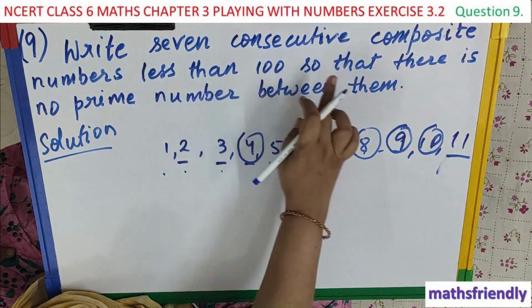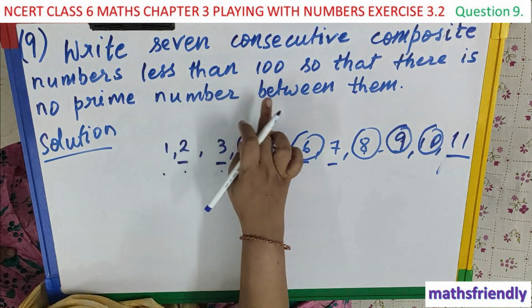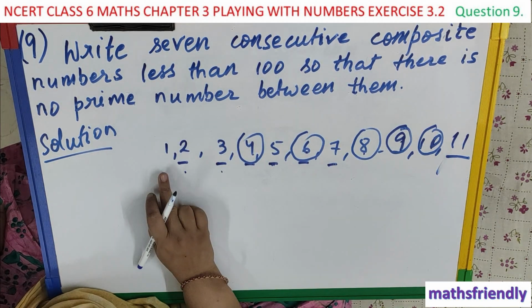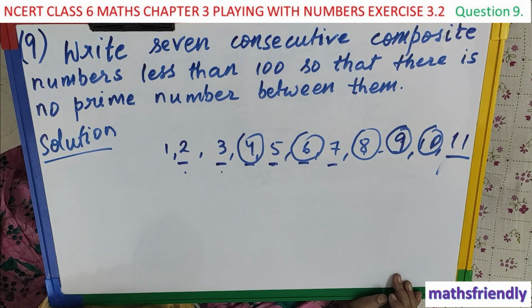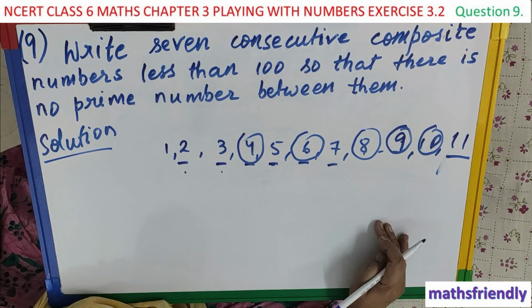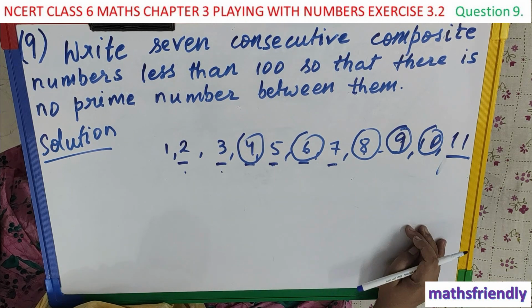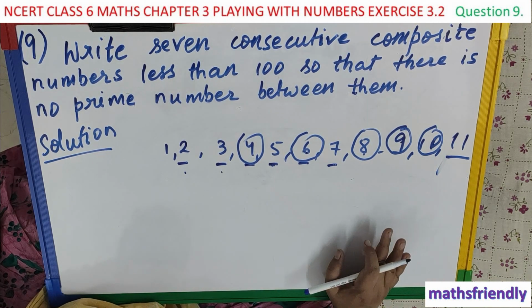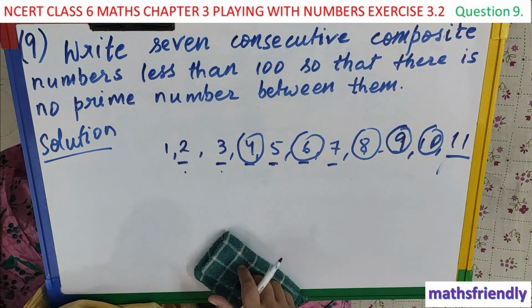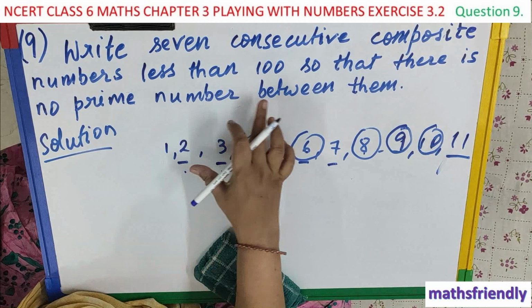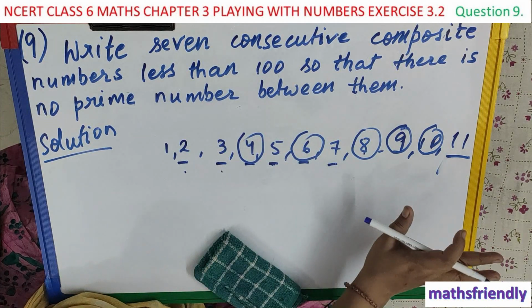Write 7 consecutive composite numbers less than 100. We have to write from 1 to 100 all the numbers, and then we have to find the 7 consecutive composite numbers. In between those consecutive numbers there should be no prime numbers. Okay, so what is the question? Less than 100 so that there is no prime number between them.